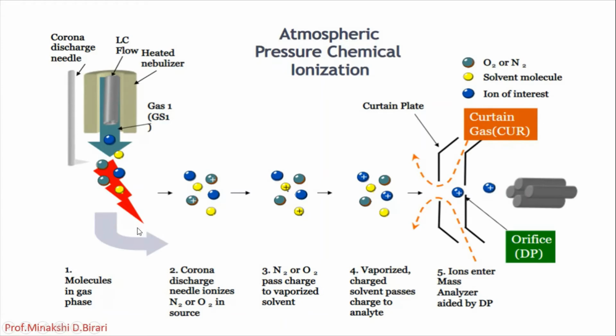So the first step is molecules which are present in the gas phase. Then the corona discharge needle ionizes N2 or O2 in the source. Next, N2 or O2 passes charge to the vaporized solvent. The vaporized charged solvent passes charge to the analyte. And the last one, the ions enter the mass analyzer aided by DP, that is, by the orifice.